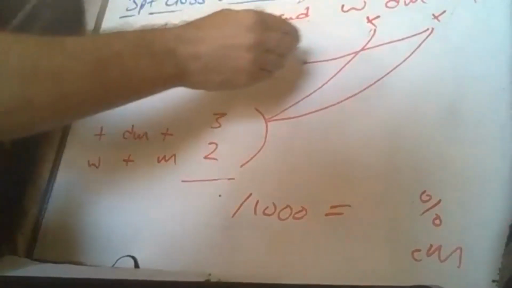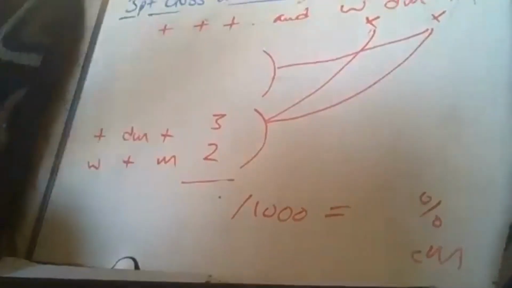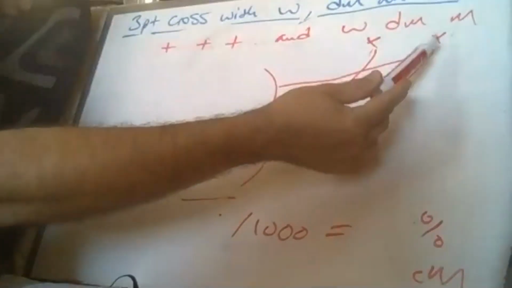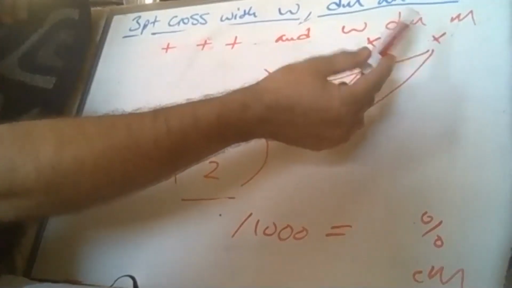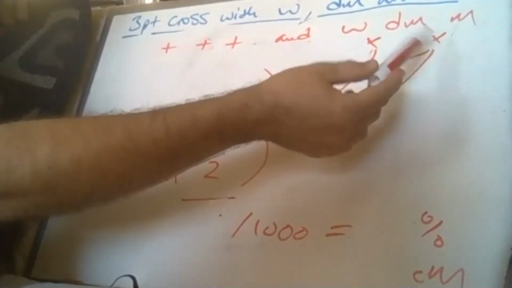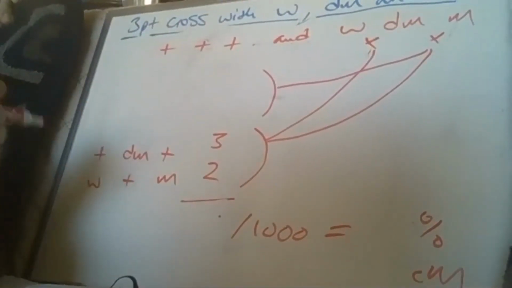Right, so now we care about single crossover events between DM and M. Right, so it's going to be plus plus M or WDM plus, and double recombination events, which we already have down here.